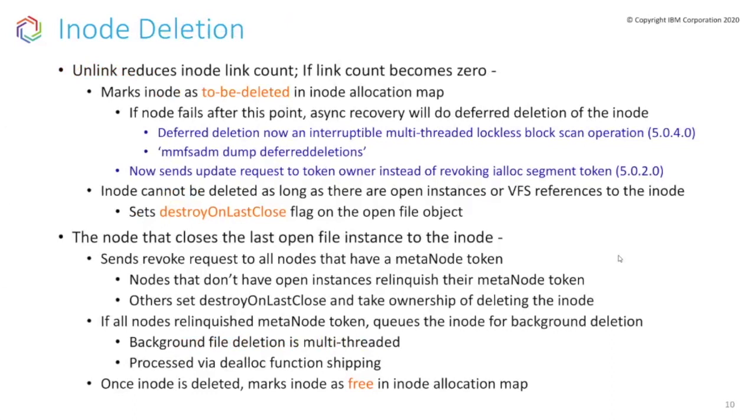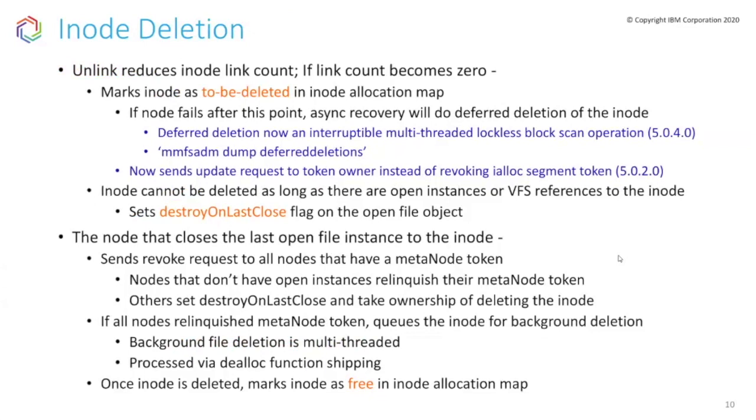Just deleting one of them is not enough to get rid of the underlying single inode. Until the link count goes to 0, we just update the inode and do nothing else. But if the link count goes to 0, then it's time to get rid of the inode, because there is no reference to that inode in any of the directories.